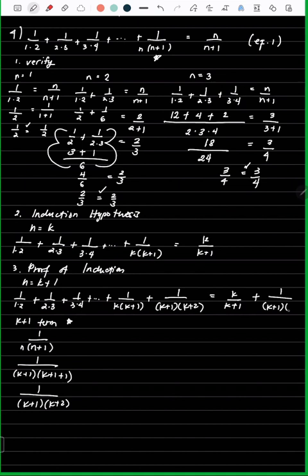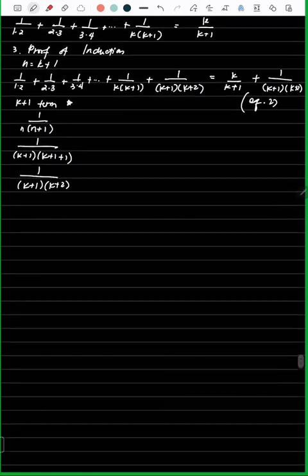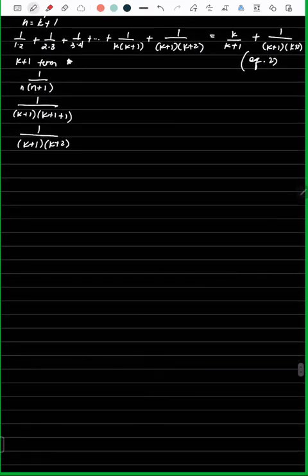Or simply that would be k plus 1, k plus 2. So the term that we're going to add on both sides would be 1 over k plus 1, k plus 2. Again, this is our equation 2.